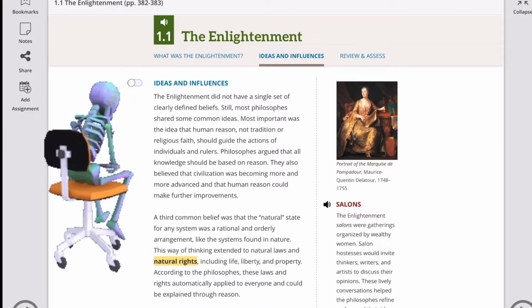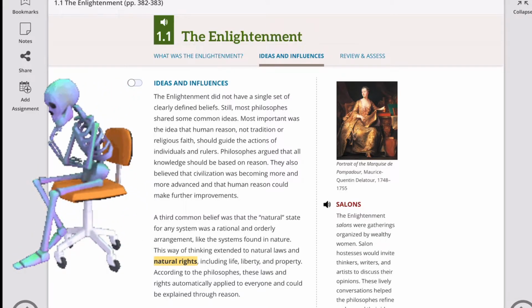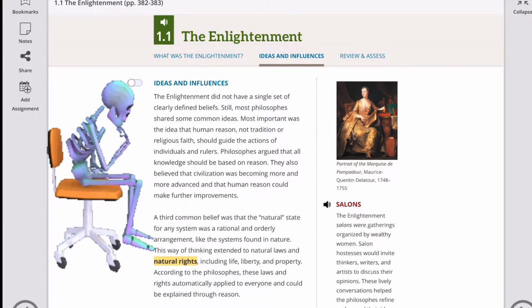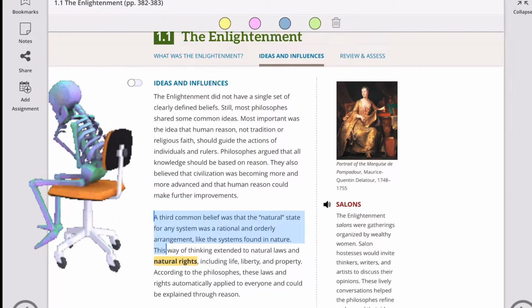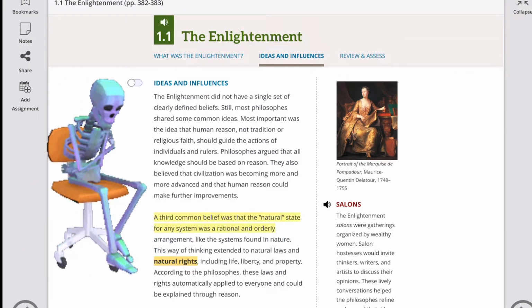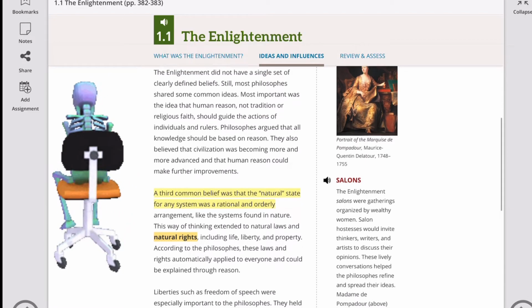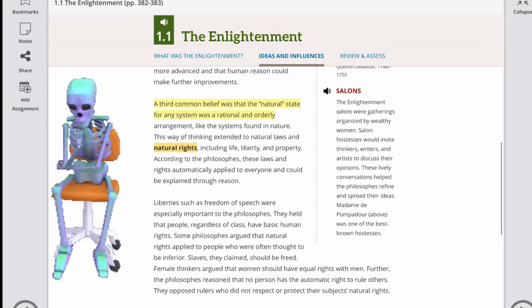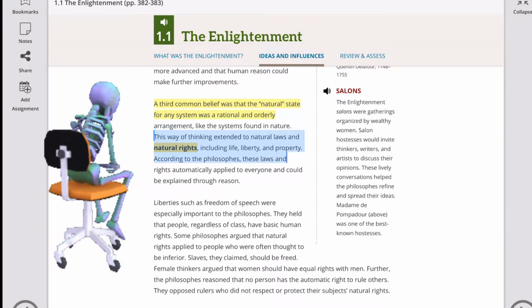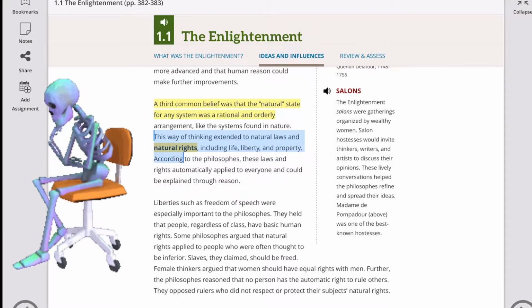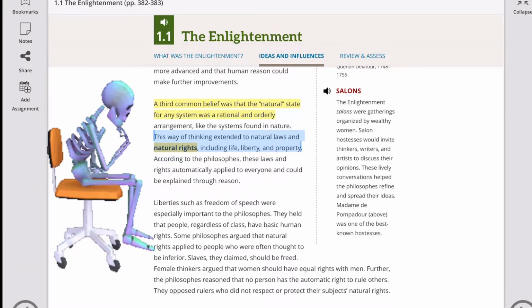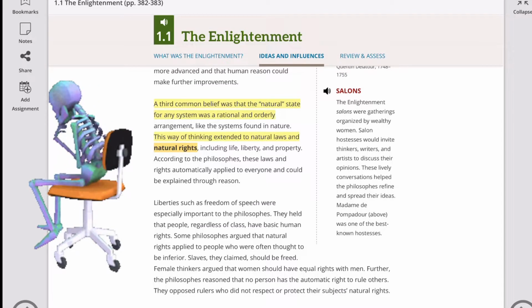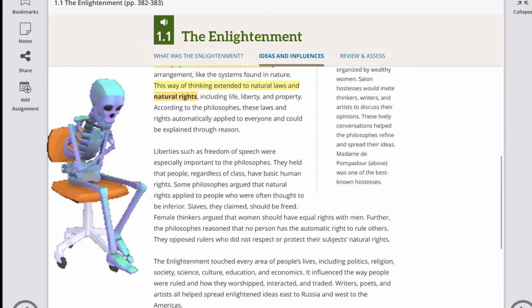The idea behind Enlightenment thinking is not a simple concept to grasp. The belief was that the natural state for any system was a rational and orderly arrangement like the systems found in nature. So these philosophers were saying that in order to effectively govern a society, we need to observe nature.